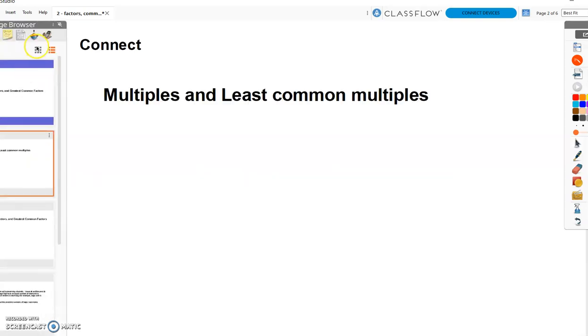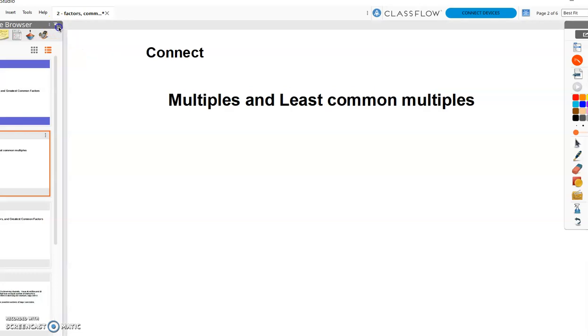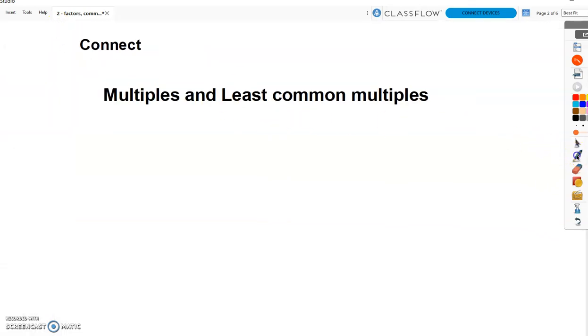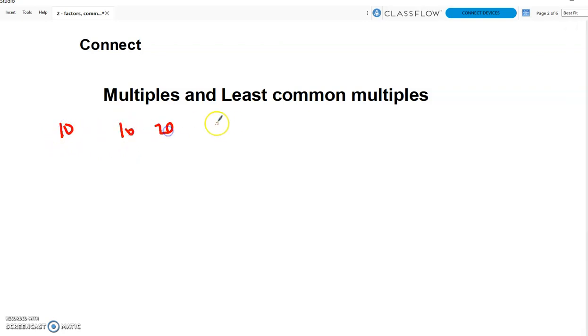All right. So yesterday we talked about multiples and least common multiples and common multiples. Just as a quick reminder, the multiples of 10 were 10, 20, 30, 40, 50, 60, and so on.